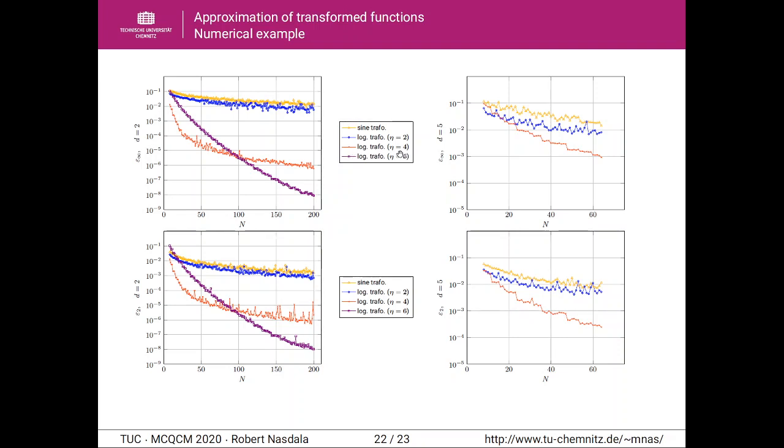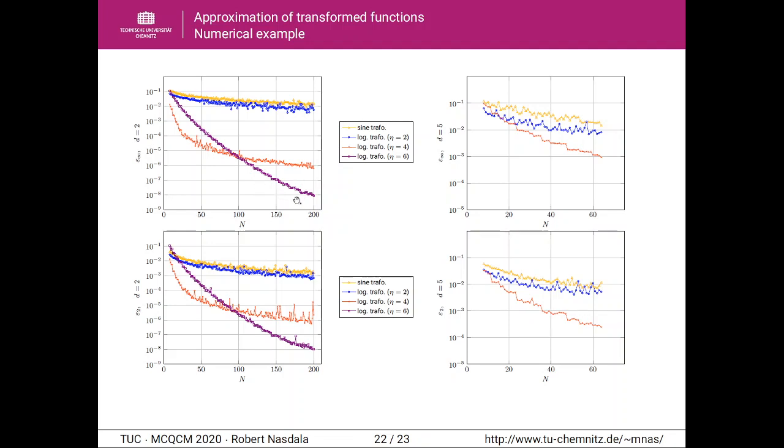Then once we increase eta to 4, we also increased the smoothness order, which means we have a faster decay, which we observe here. And if we go to eta equals 6, we add another smoothness degree, and the decay is initially worse, but eventually will be faster.